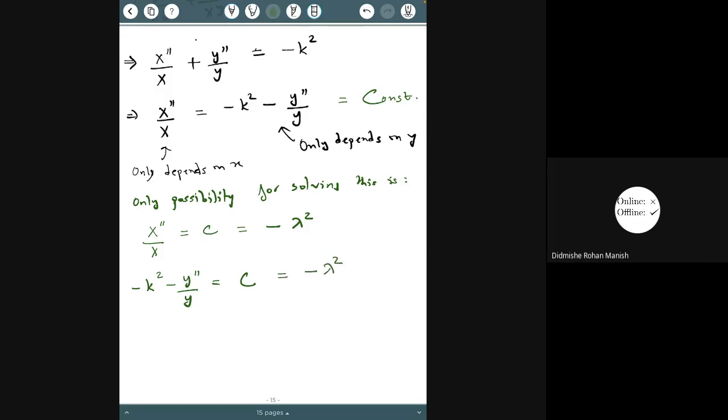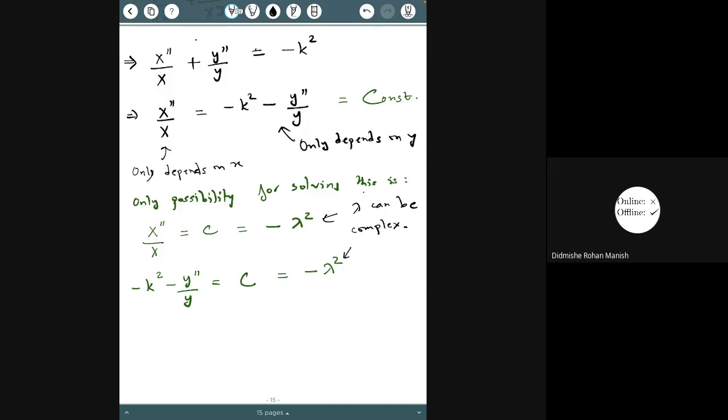And here lambda can be complex. So that covers whatever the value of the constant may be. If I say that the value is minus lambda square and lambda can be complex, it can assume any value, positive or negative.